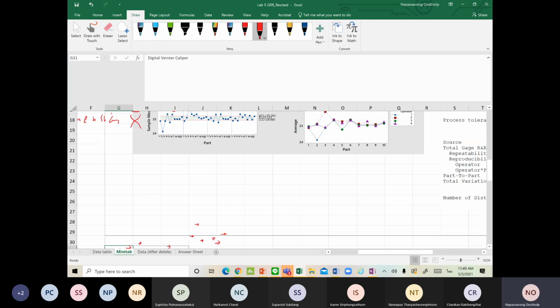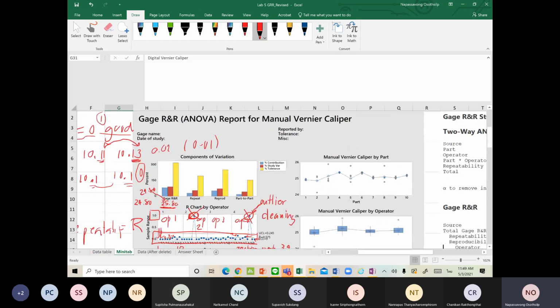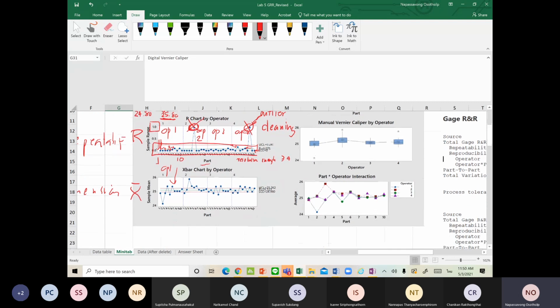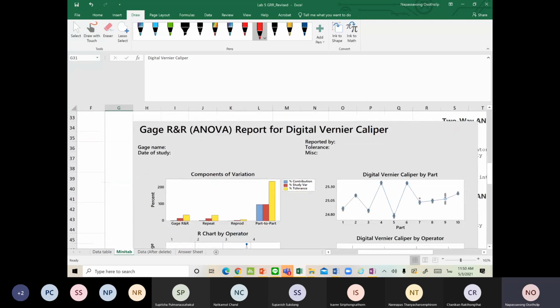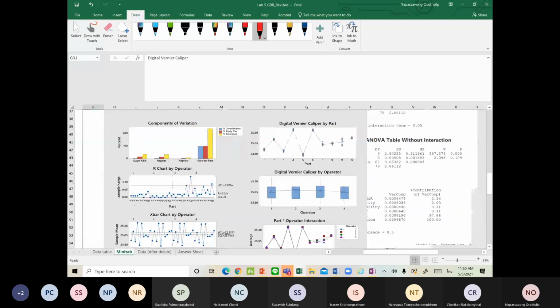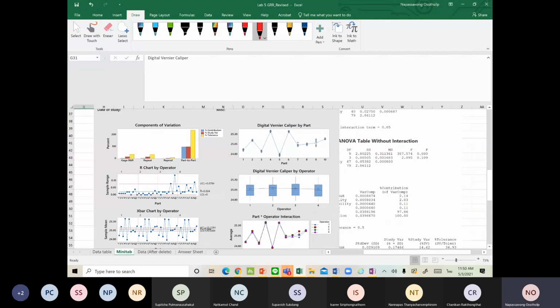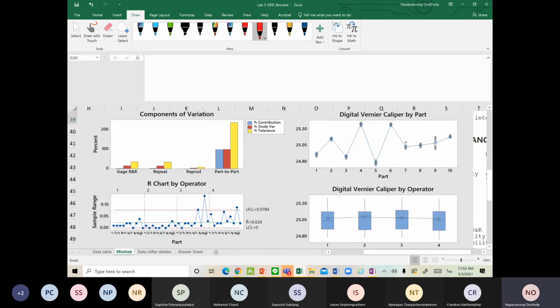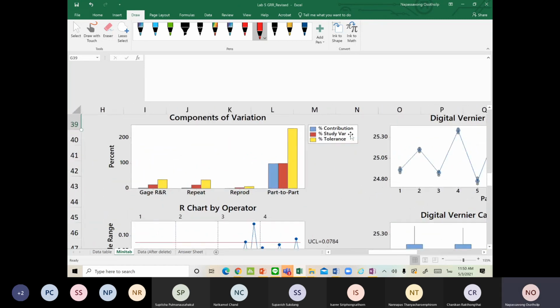Now let's take a look at the outputs again. If I look at the digital vernier, the upper part tells you the percentage. Please take a look at only the blue color, which is called percent contribution of the variance.